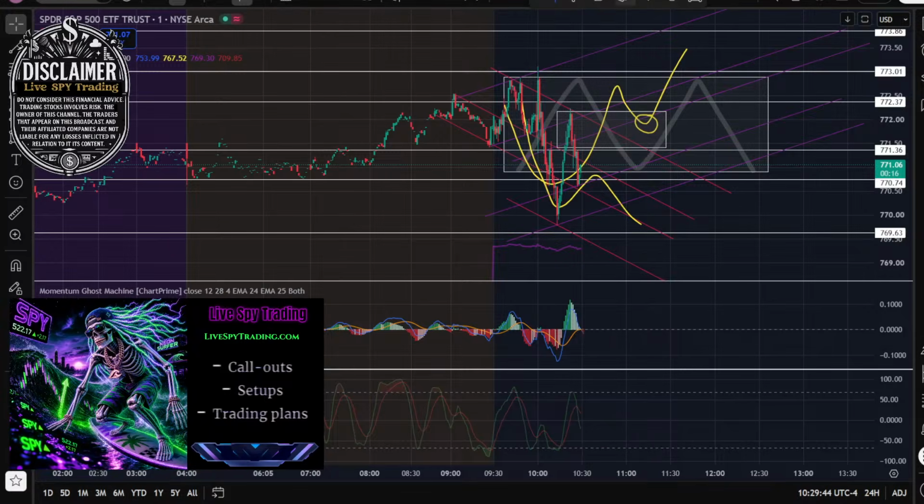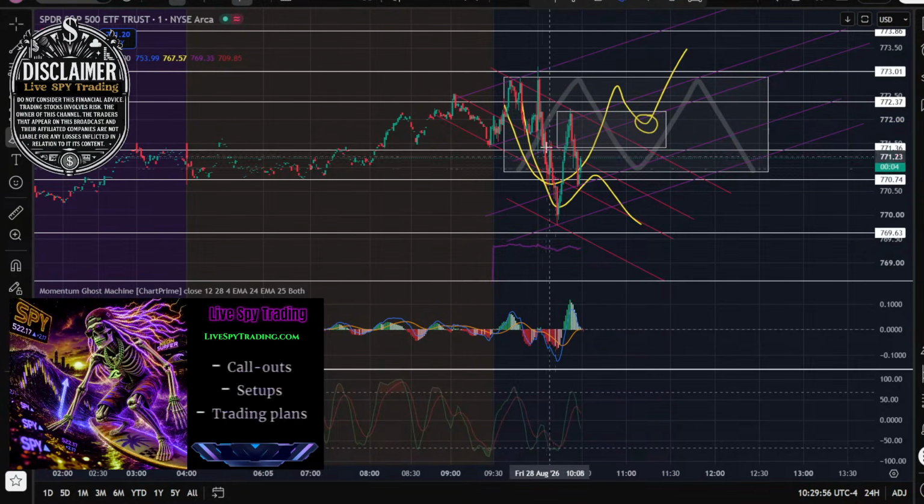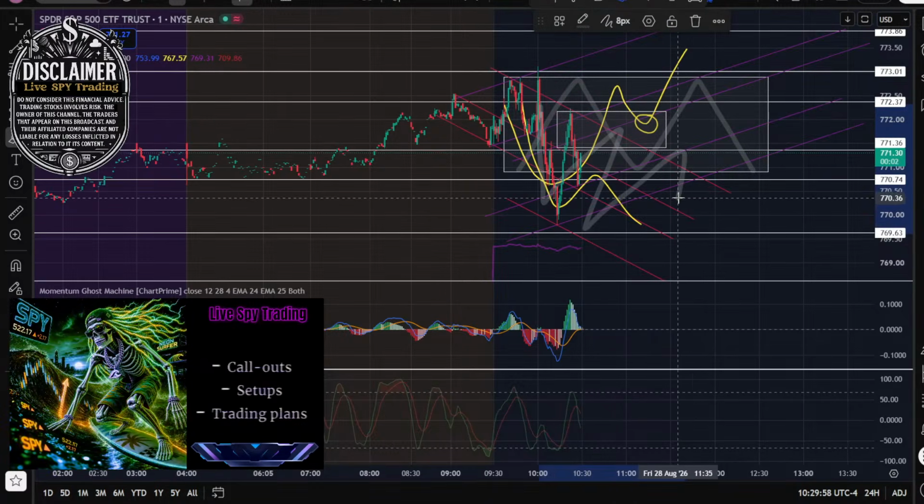So we're going to see if we stay inside this purple here to break the magenta, or if we're going to stay inside the magenta here to break the purple.